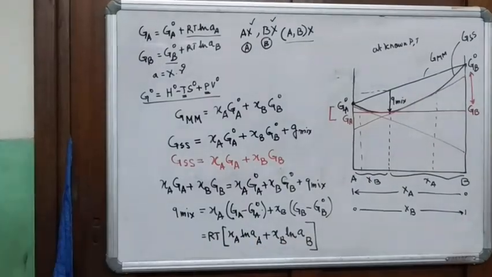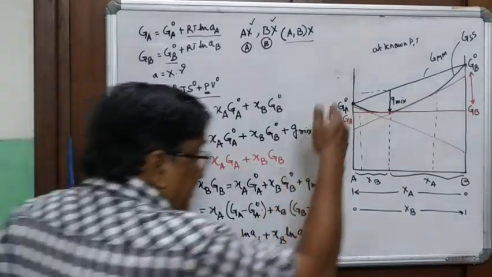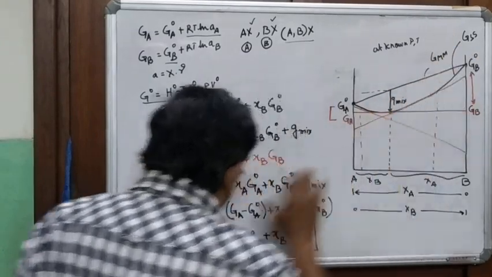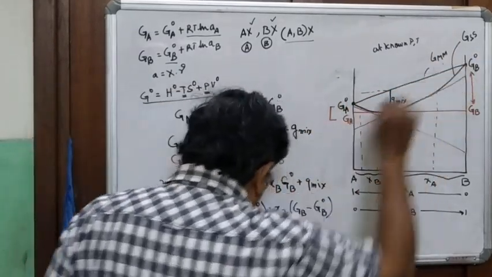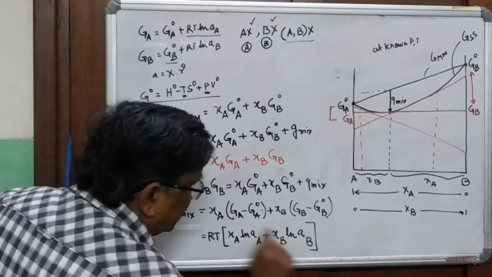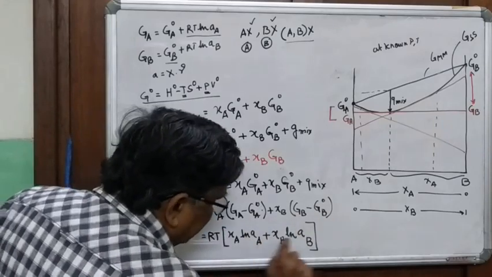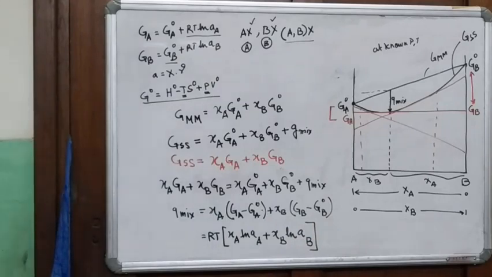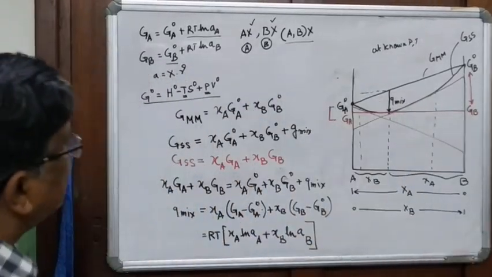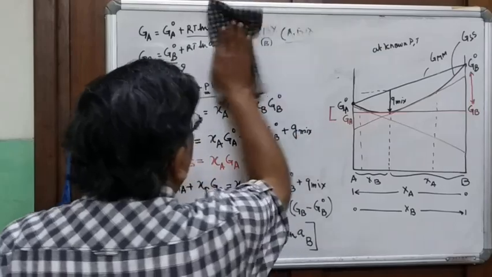But the point I'm trying to make is that at the end members it's 0, but at the intermediate ranges, Gmix changes as this term. Can you see that? It is this term which changes. Have you understood? Right. I will just erase the top because there is hardly any space on the board.